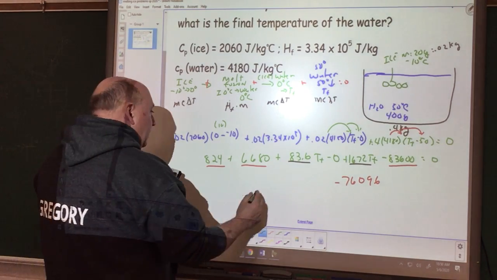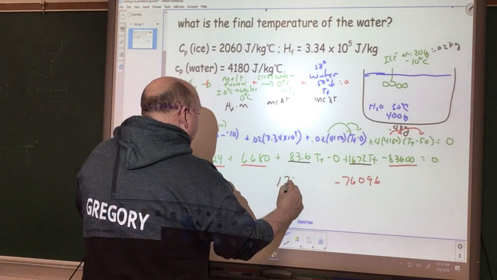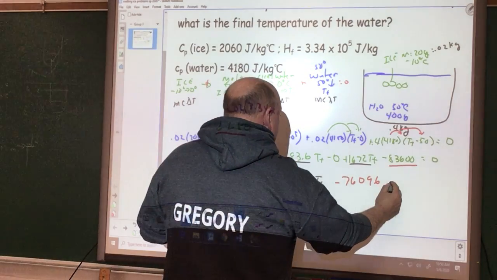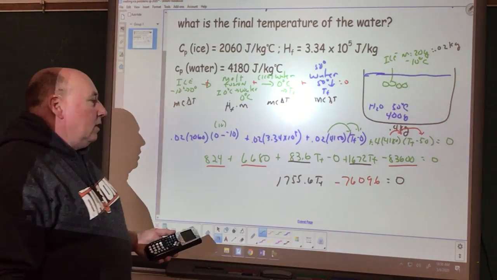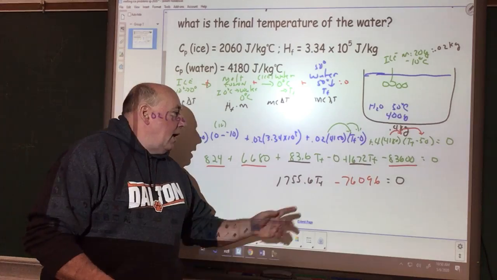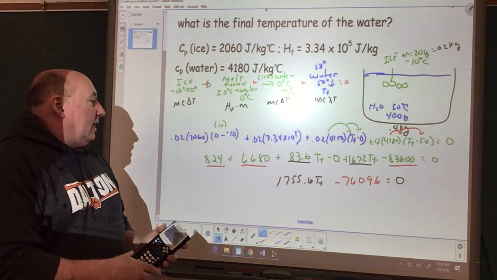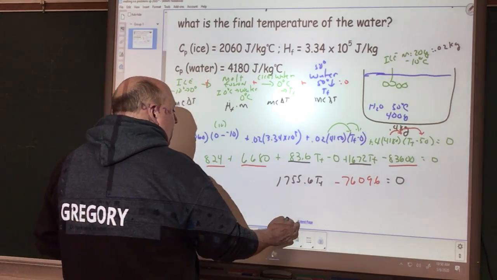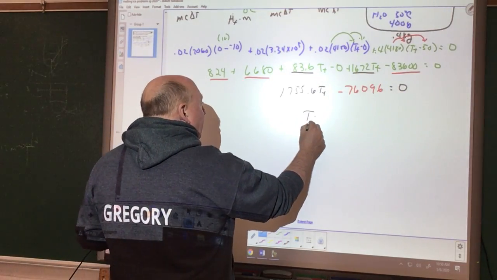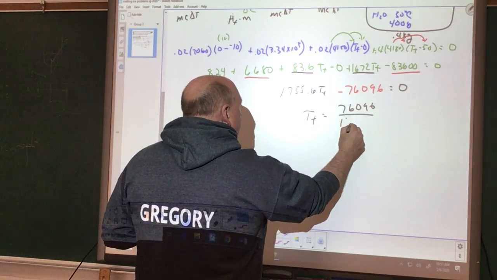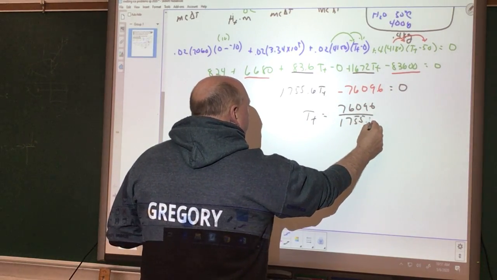So we have 1755.6 T final, and this is equal to the value of 0 still. Adding this to the other side and dividing by my 1755.6, T final is going to equal 76096 divided by 1755.6.